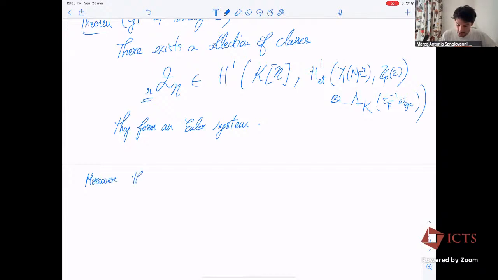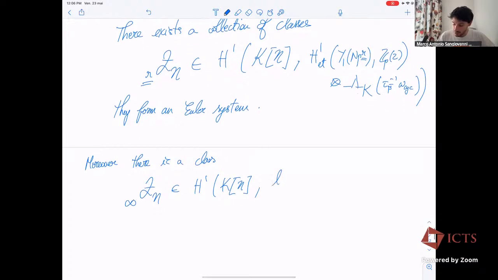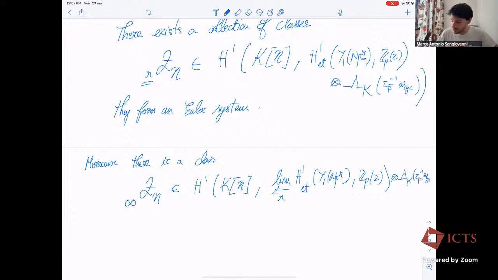So there is a class z n infinity that belongs to H1 kn of the inverse limit of H1 et al. Y1 np to the r Z_p 2, tensor the same thing Lambda k of tau p minus 1 omega sig.